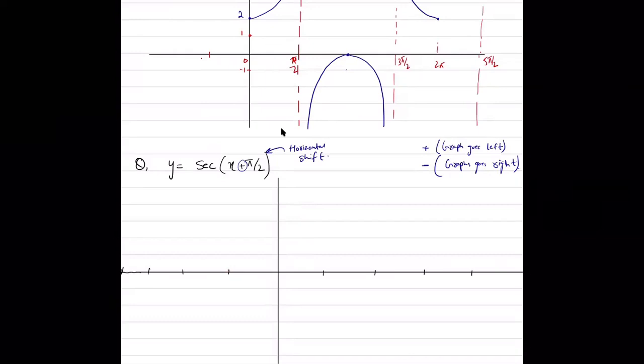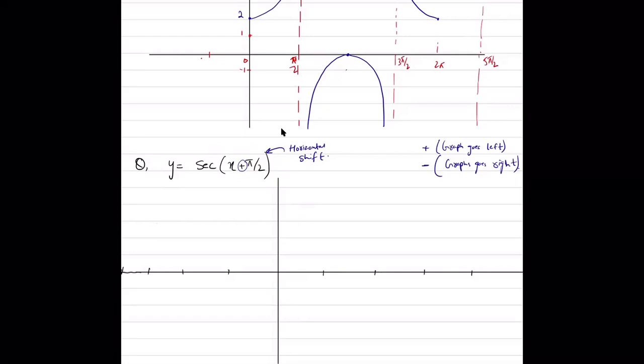In secant, the asymptote was at minus 90 and 90, which is minus pi by 2 and pi by 2. But now the graph is going to go pi by 2 units backward.